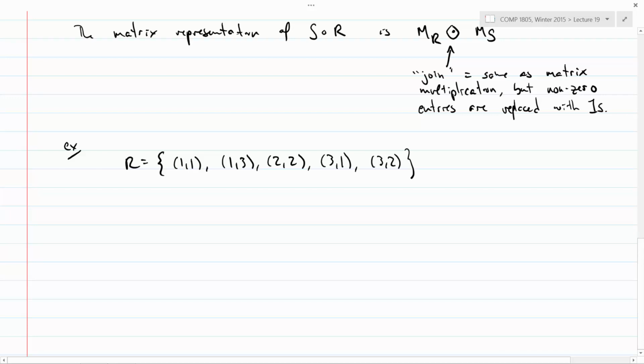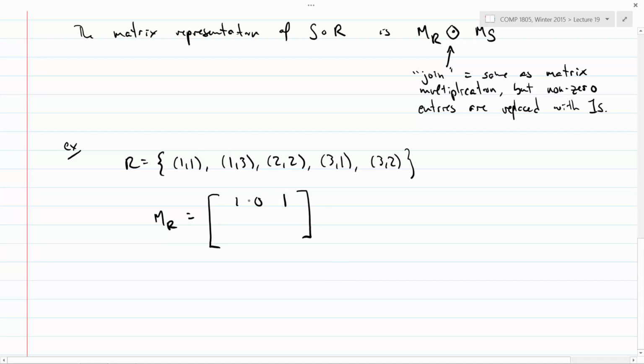So I would like to look at the matrix representation of that thing. What is the matrix representation of this? What does the first row look like? 1, 0, 1. Yeah, 1, 0, 1. Because I have 1, 1, and I have 1, 3, but I don't have 1, 2.